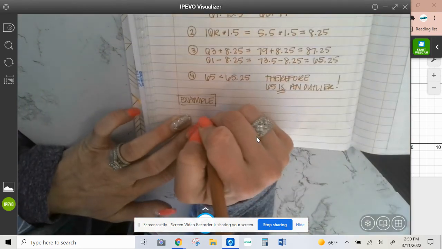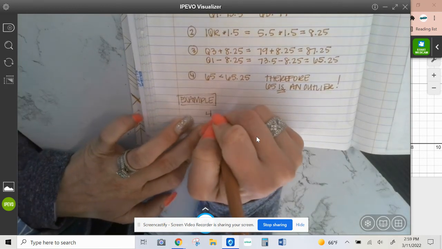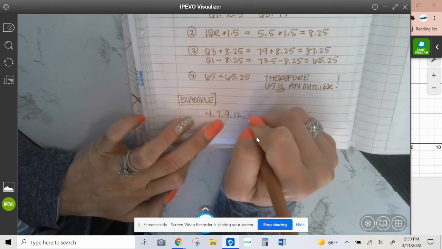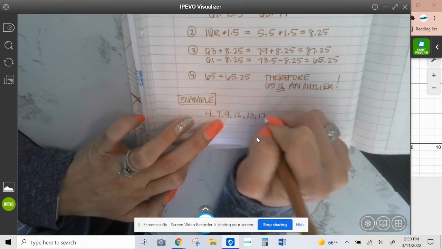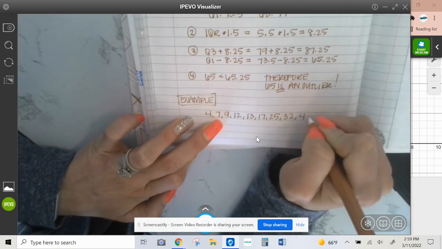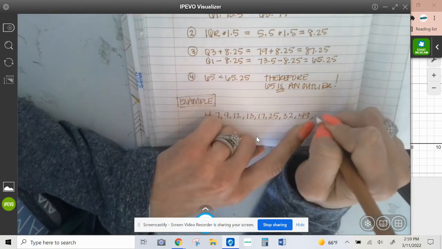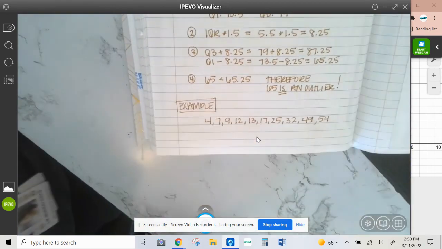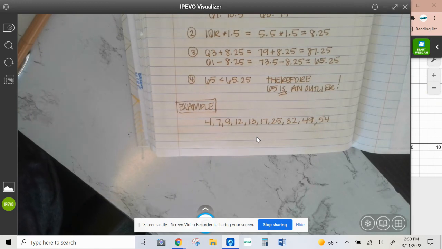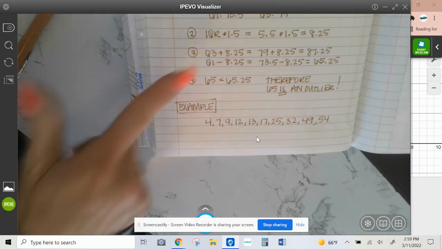Let's do 4, 7, 9, 12, 13, 17, 25, 32, 49, and 54. Kind of a spread out data set for you. See if there are any outliers, and if there are, mark what they are using this process.